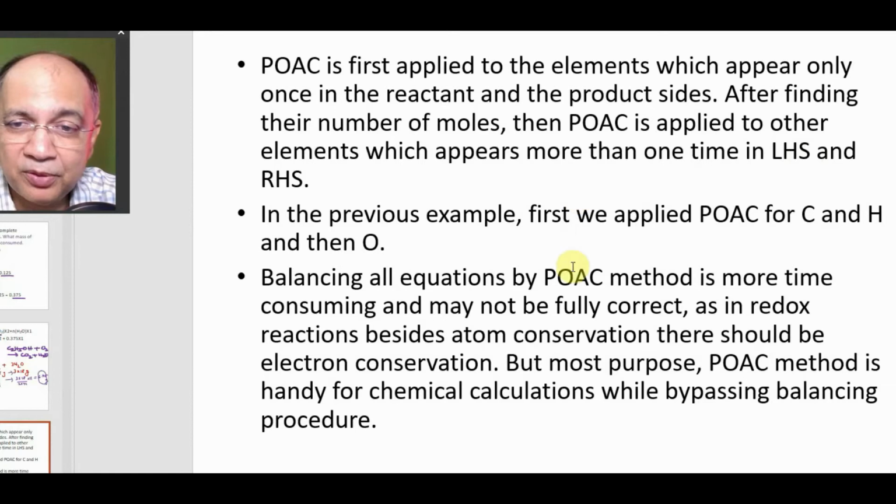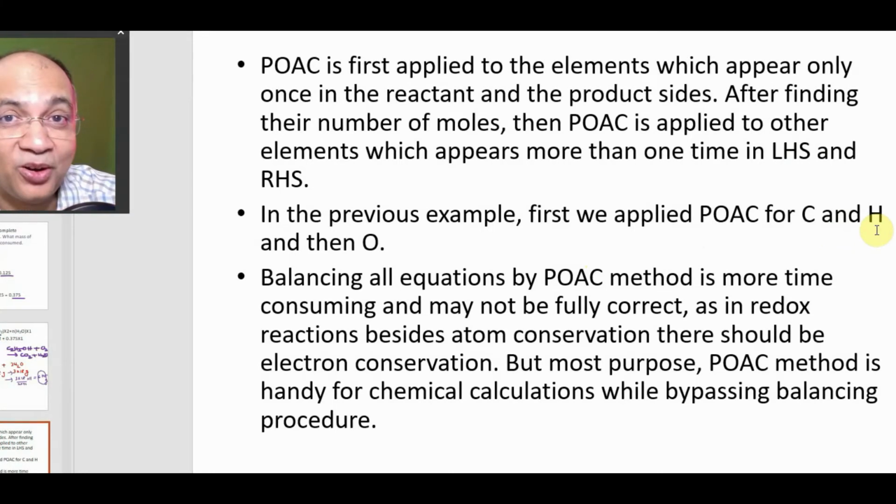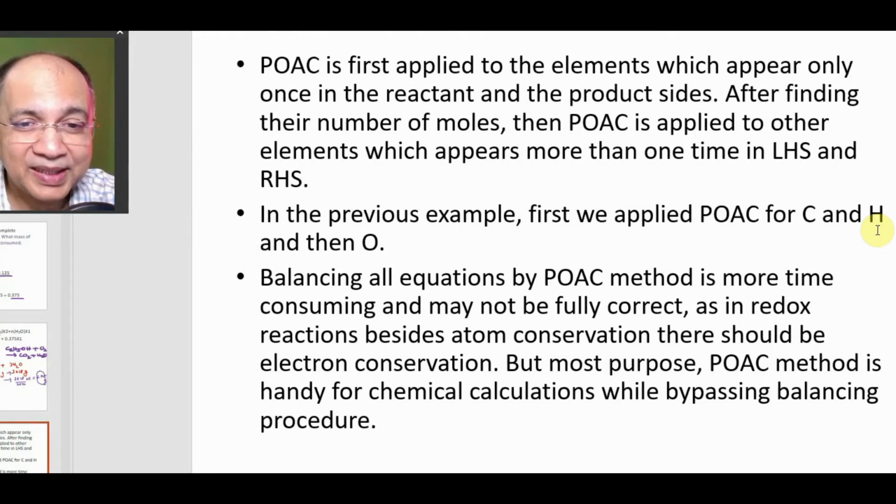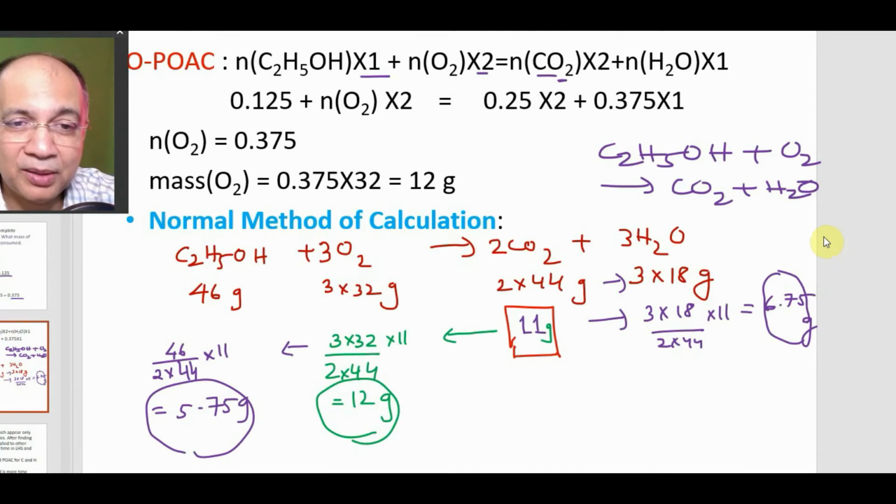In the previous example, first we applied POAC to carbon and hydrogen, because carbon appeared once in ethanol and once on the right side in carbon dioxide. Similarly, hydrogen appears once in ethanol and once in water. Finally, we applied POAC to oxygen, because by that time we already knew the number of moles of ethanol.